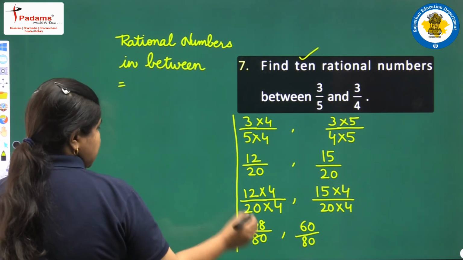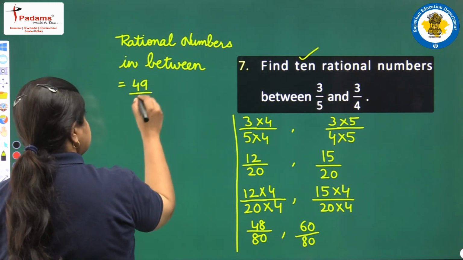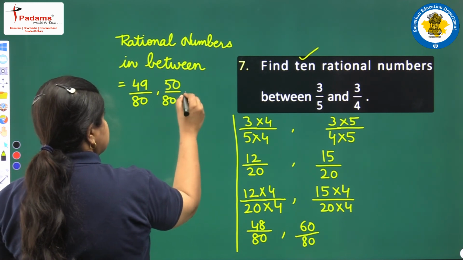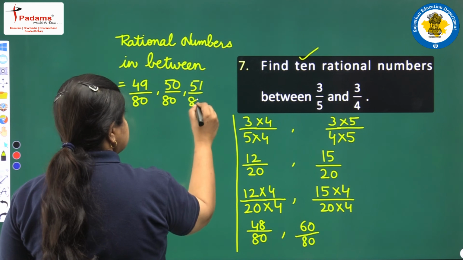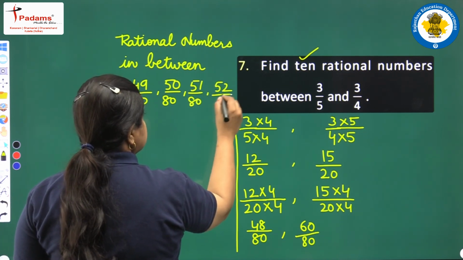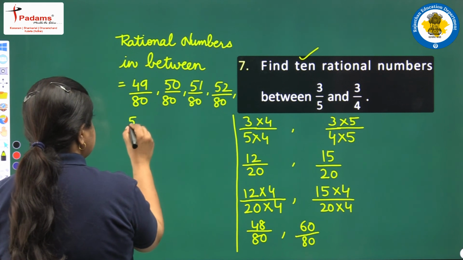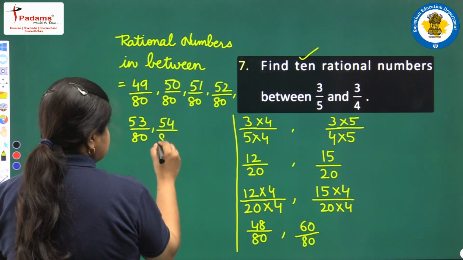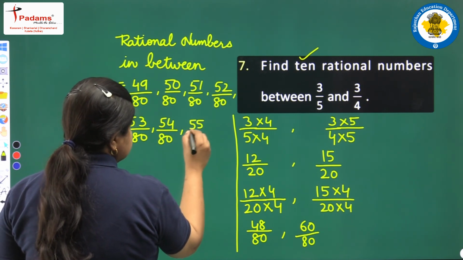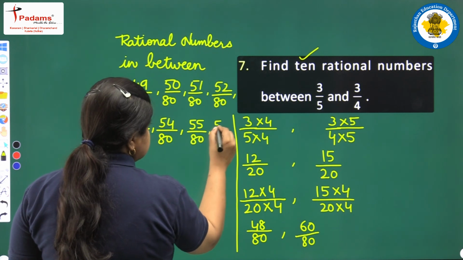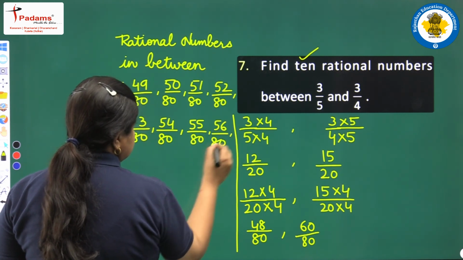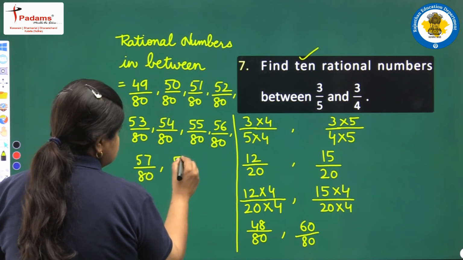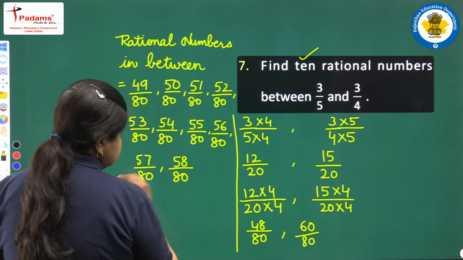They will start from 49 by 80, then 50 by 80, 51 by 80, 52 by 80, 53 by 80, 54 upon 80, 55 upon 80, 56 upon 80, 57 upon 80 and 58 upon 80.